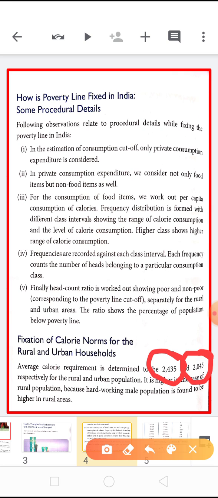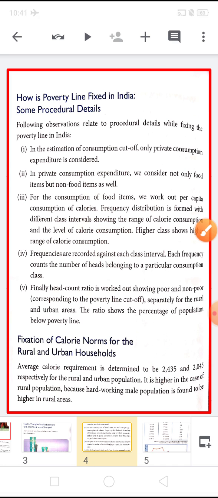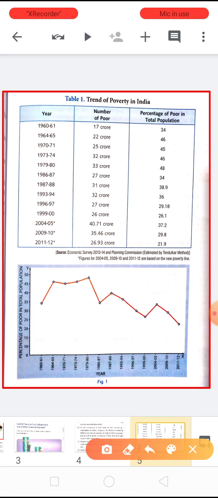In the urban areas, as people do less physical work, they need 2,045 calories, almost 2,100 calories per person per day, and 2,435 calories per person per day for the rural areas. This will categorize the people as poor or non-poor. Here you just see the trend of poverty in India, children.